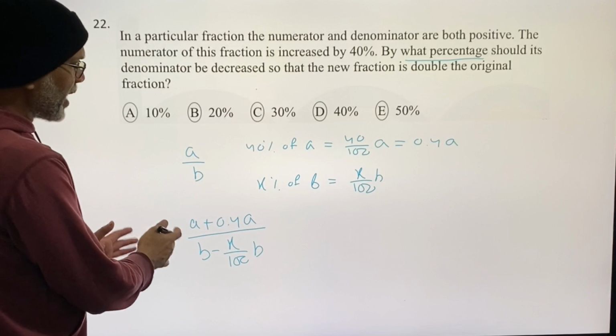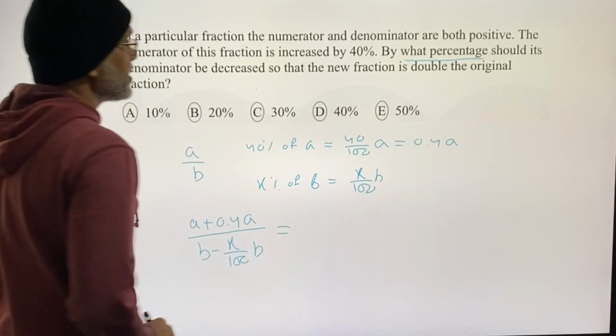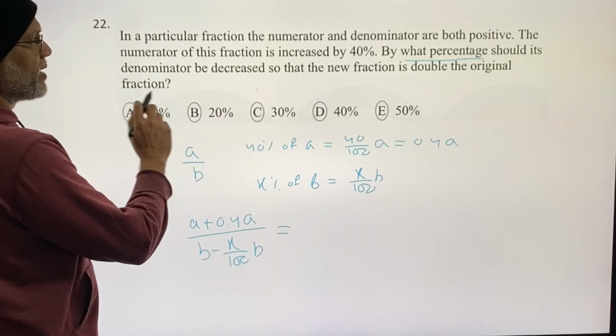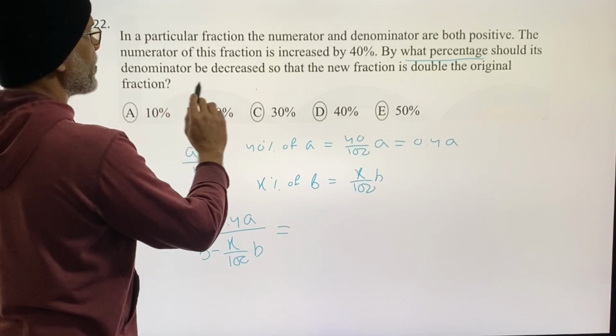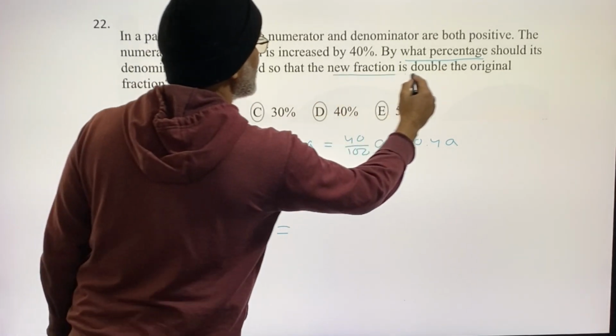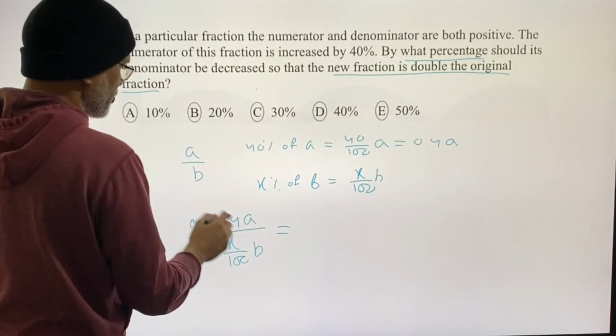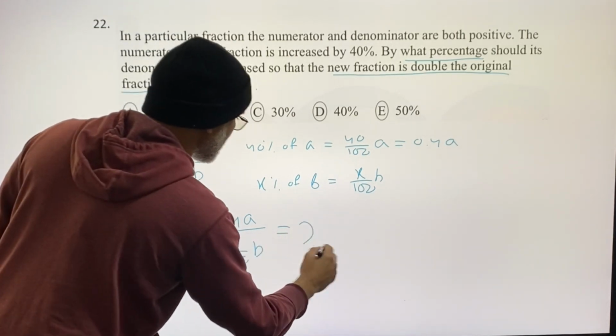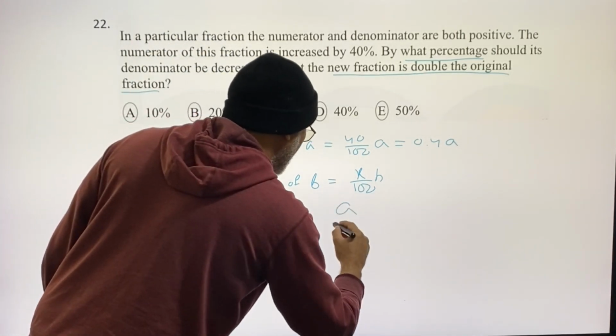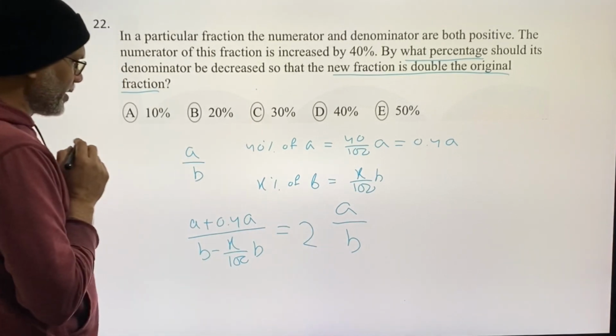So this is the new fraction, and what is given to us is that the new fraction is double the original fraction. So this is 2 times the original fraction A over B, right?